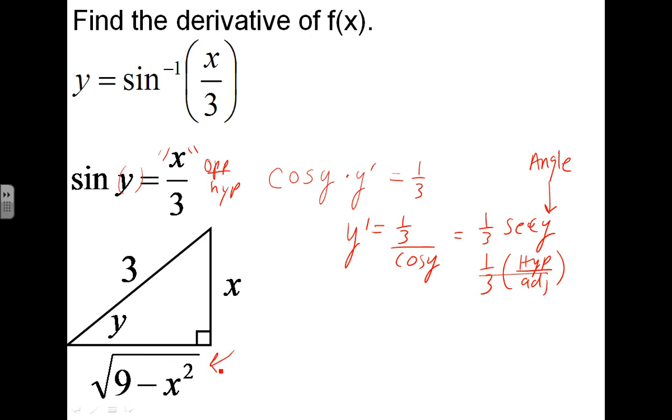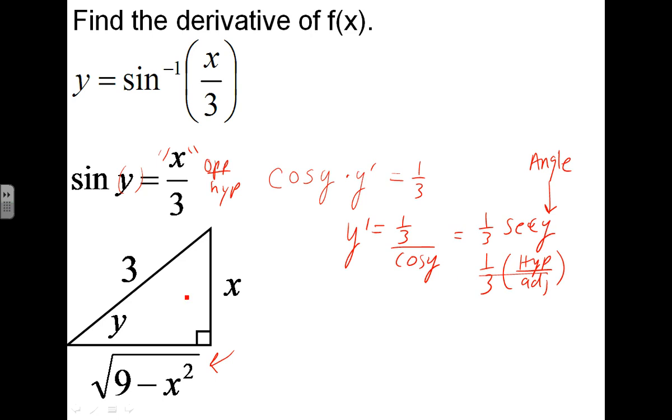So you can find the adjacent side, the square root of 9 minus x squared, by using the Pythagorean theorem. Great problem. A little bit of trig, a little bit of a picture in the first quadrant, some trig definition, some implicit differentiation, and you're ready for your final answer.